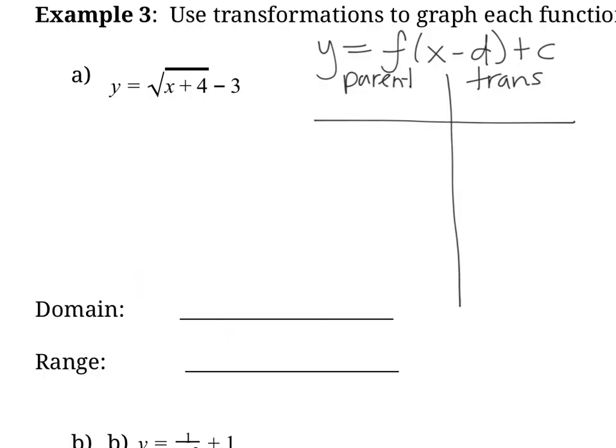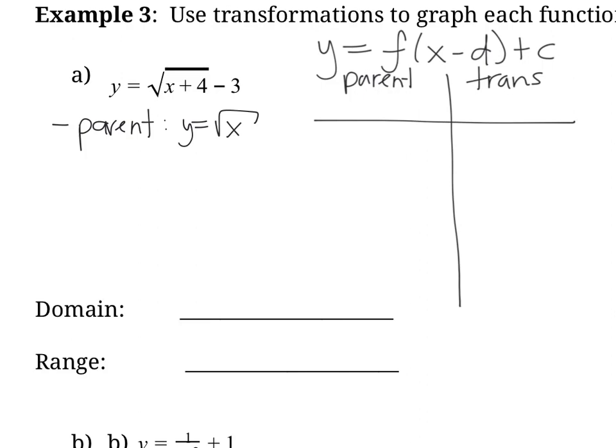So now we're going to take a look at the last 2 examples. For these last 2 examples, I'm going to graph it in a different way. We're going to start it off in the same way, though. We have to figure out what the parent graph is here. Clearly it's the square root of x, and what are these 2 numbers going to do? So very quickly, we're going to write out that the parent graph is y equals the square root of x.